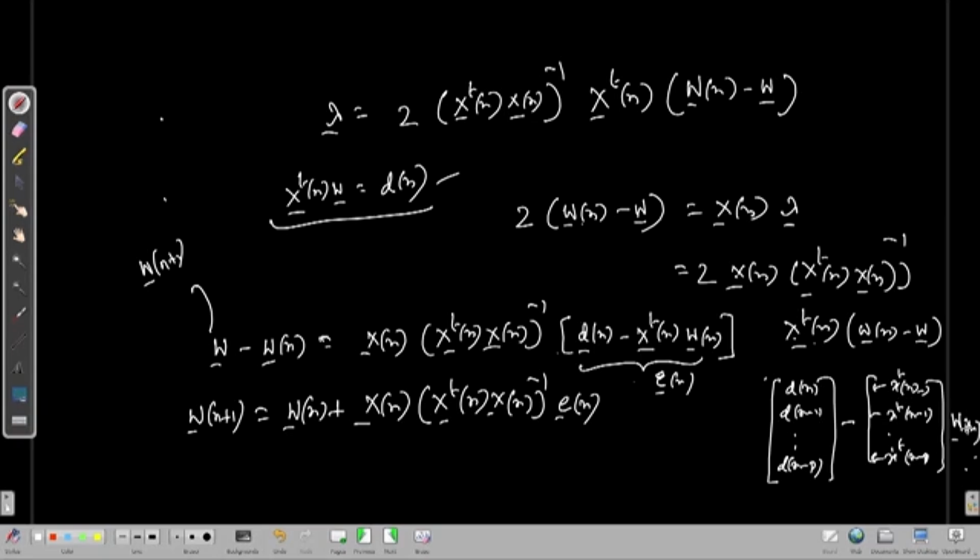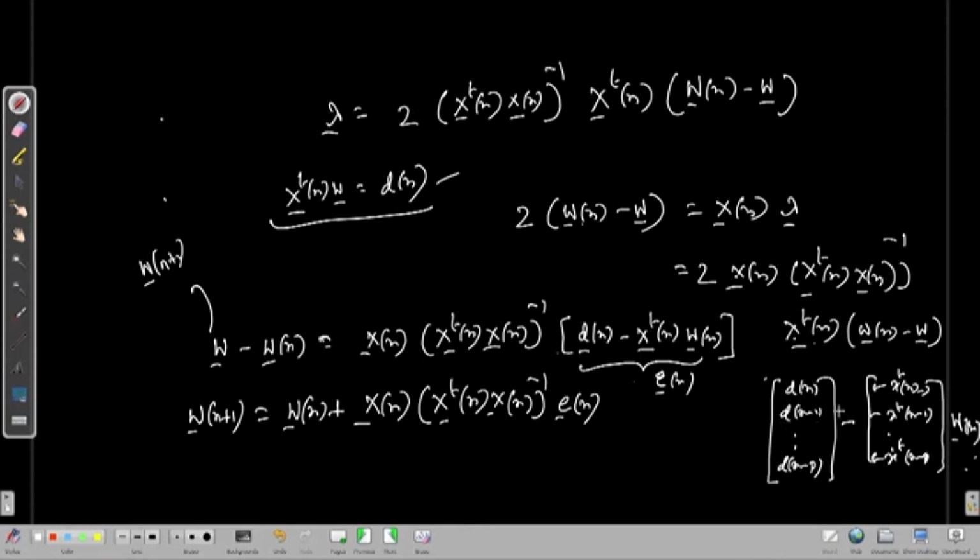You understand that the filter coefficient is not changing. At the nth clock, whatever filter coefficient I have, I am freezing it and looking back. Suppose I now use these coefficients only, not w n minus 1 but this w n, but still at the previous clock. That time my filter input vector was X n minus 1. So, the filter output would be X transpose n minus 1 and this filter w n, and that I subtract from d n minus 1.